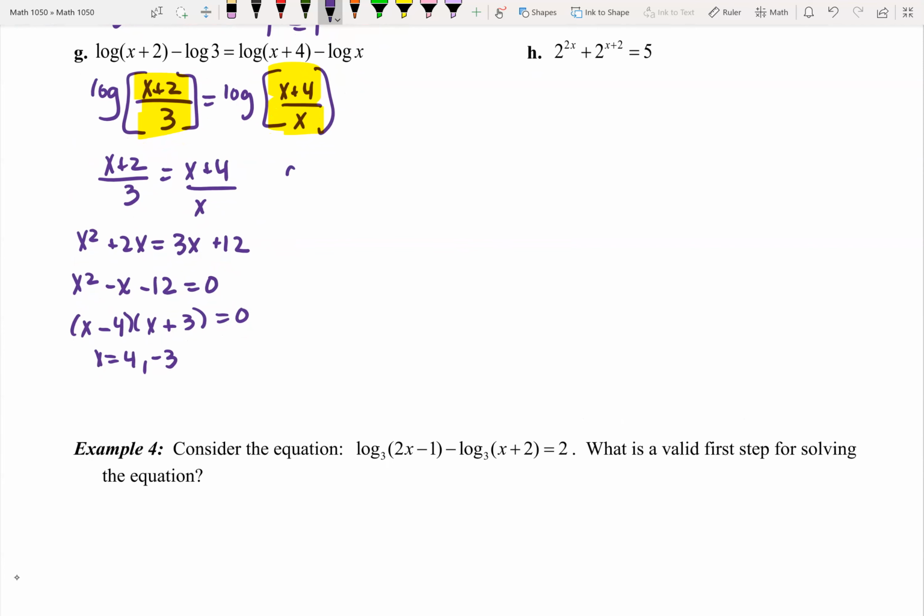Yep. Check. X equals 4. So it's the log of 4 plus 2 minus the log of 3 equals the log of 4 plus 4 minus the log of 4. You do it.